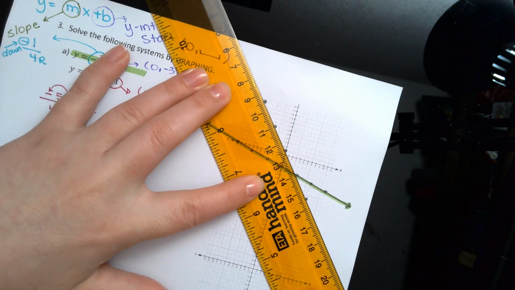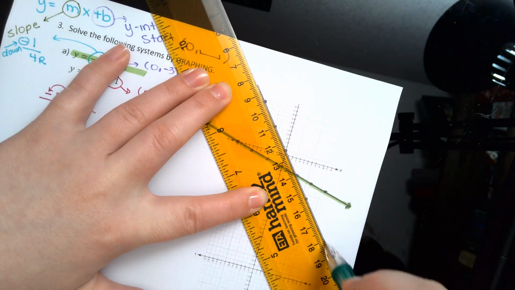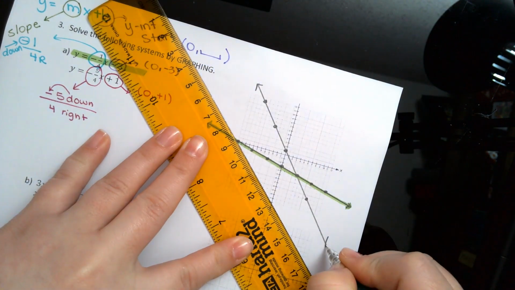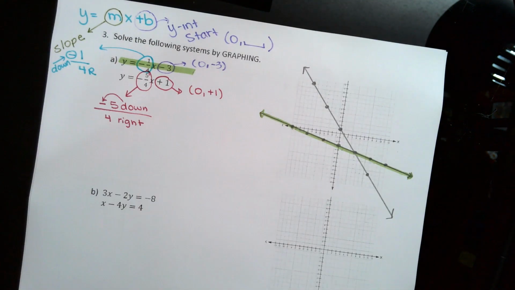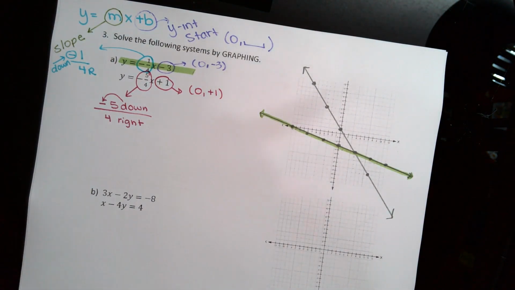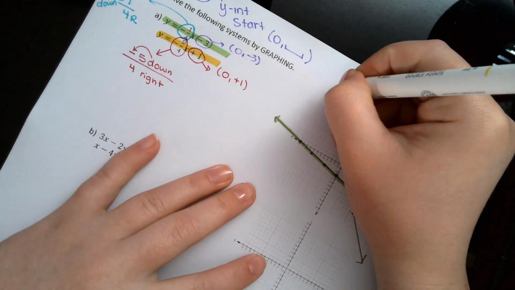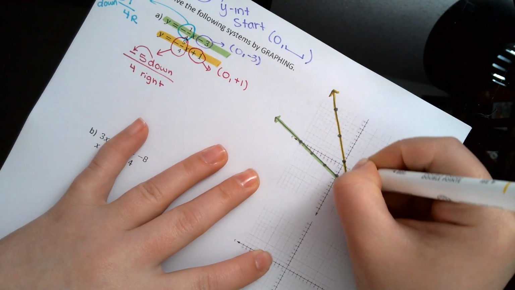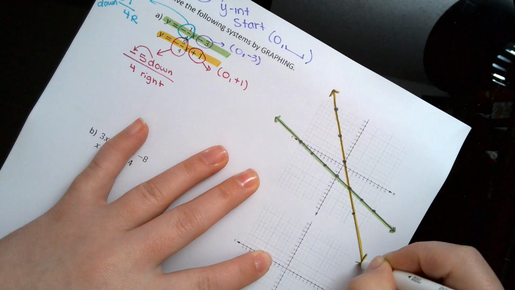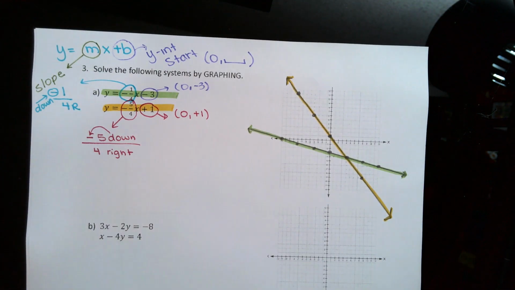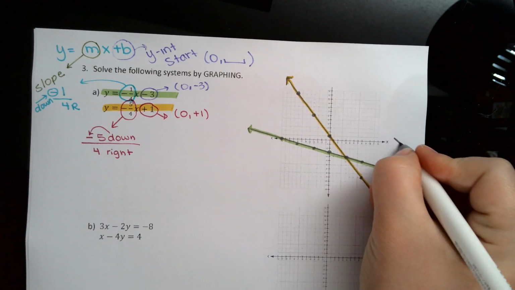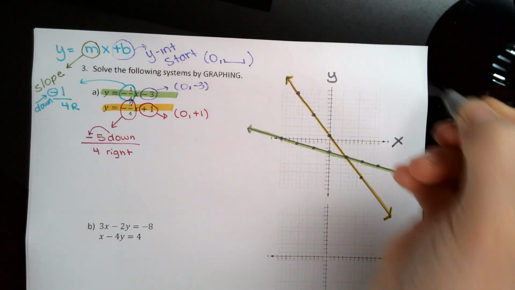Now, what we are looking for in our graphing of systems is an intersection between the two given lines. And that point of intersection is going to be our answer. We're looking for an x value and a y value.